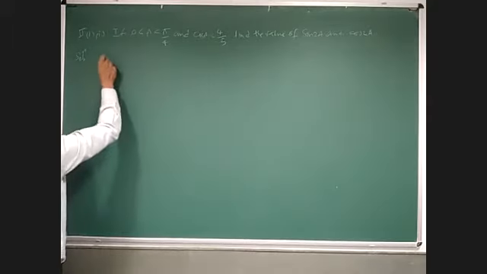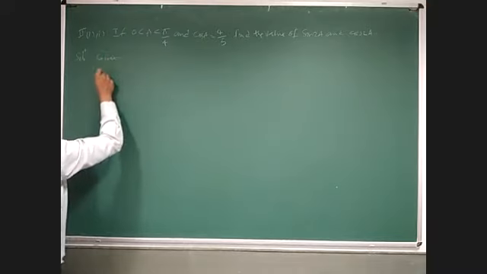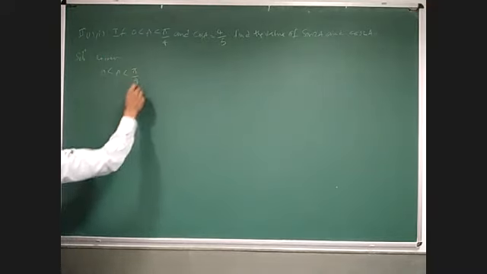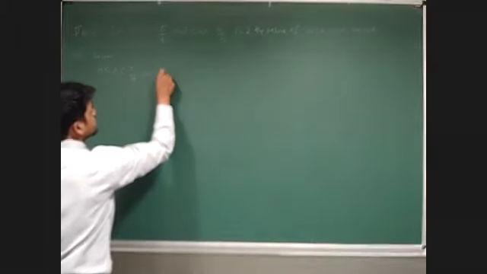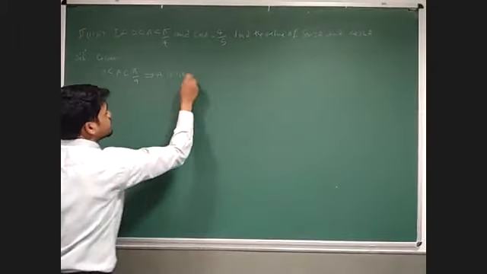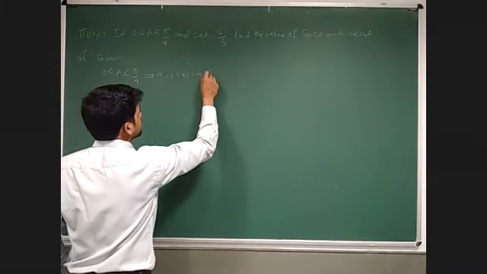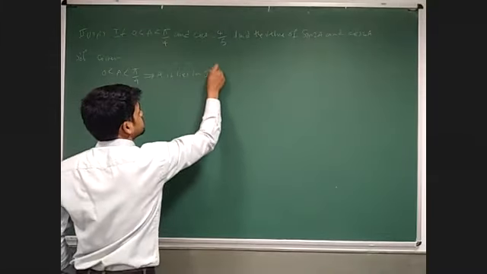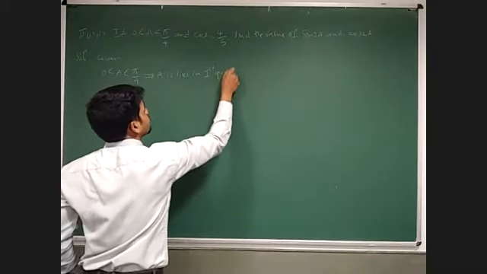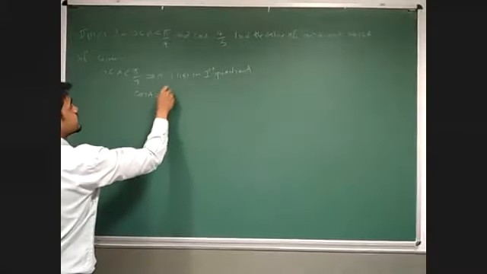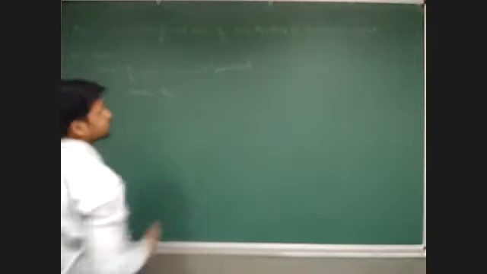So given 0 < a < pi by 4, that implies a is lying in the first quadrant.